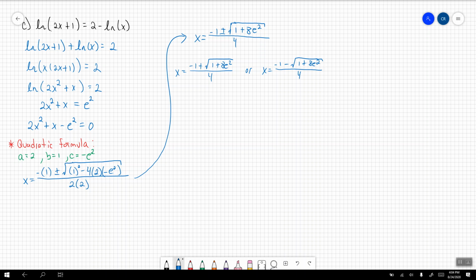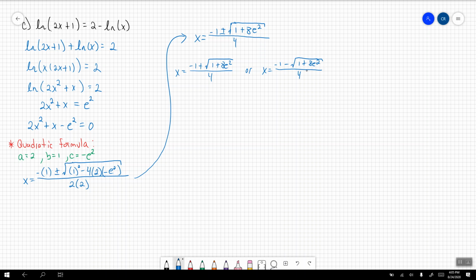So which answers are correct? Well, we're going to get started on that. The second answer that we get, negative 1 minus the square root of 1 plus 8e to the power of 2 all divided by 4, this numerator will always be negative.